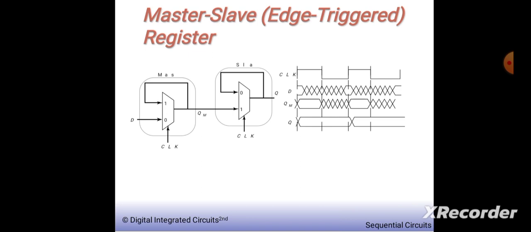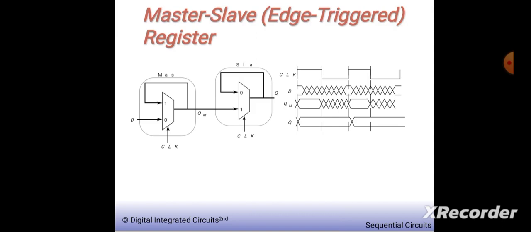When you consider a master slave register, being edge triggered, we already know what edge triggering is. Edge triggering means that during the edge of the clock signal, the transistors become active; here we can say CMOS becomes active.